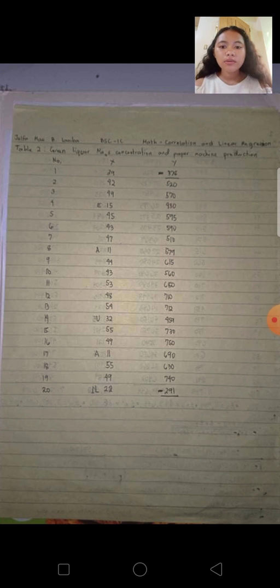As you can see on my screen, this is my complete data in table 2.